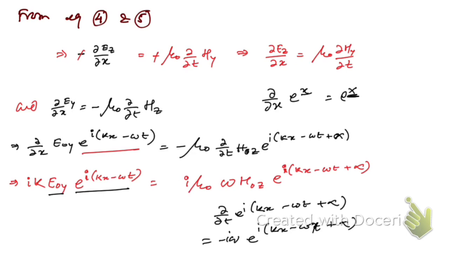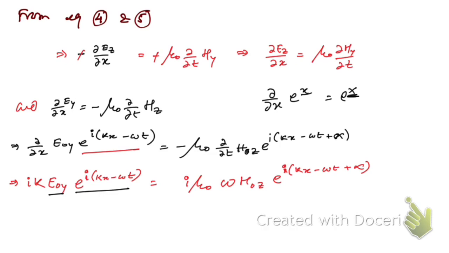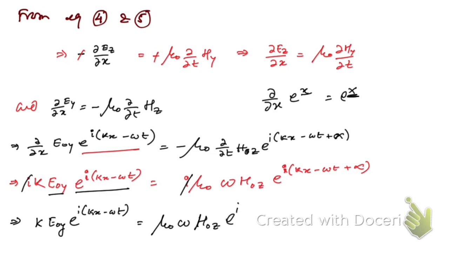Hope you have understood this. So here you see i cancels, right? So what we have got is k E₀y e^{i(kx − ωt)} equals μ₀ ω H₀z e^{i(kx − ωt + α)}.